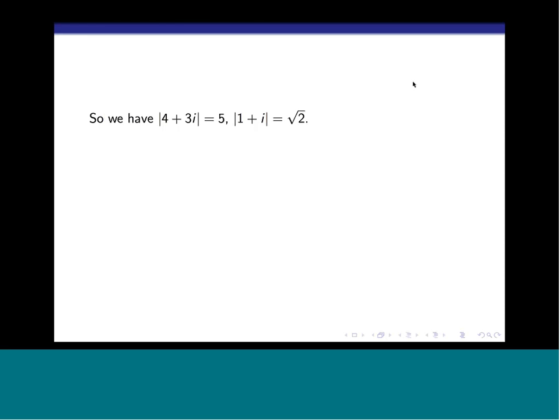So one is called the modulus and one is called the argument, two words. You can say 4 plus 3i has modulus 5, and 1 plus i has modulus square root of 2. Actually, we have a little bit of exercise. Maybe we should do a little bit of exercise with it.